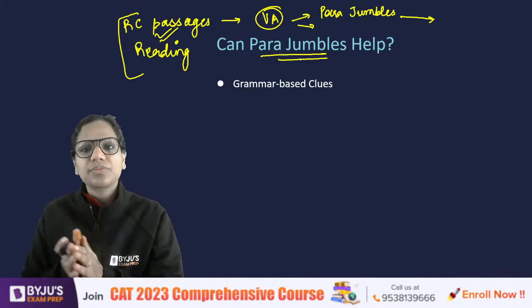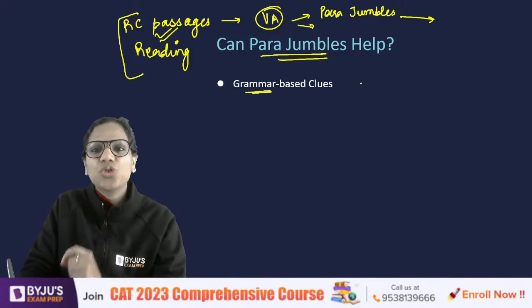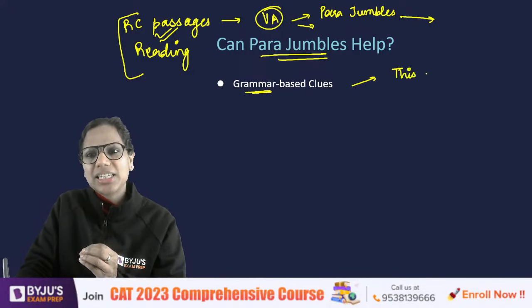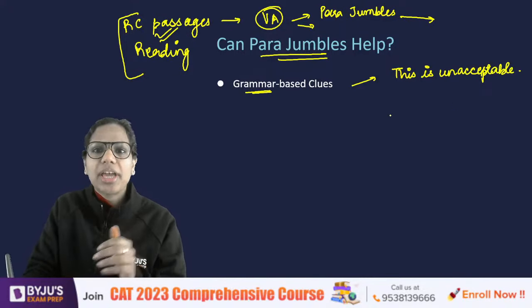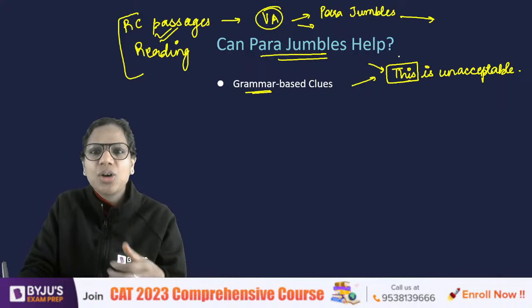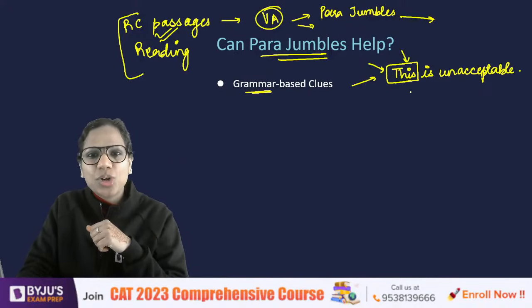Okay. So, when we are trying to arrange sentences, grammar can actually be of great help. For example, this is a classic example. If one sentence says, this is unacceptable. Now, the moment you see this, the question that arises in my mind is, maybe there is some other sentence that actually explains what this is.